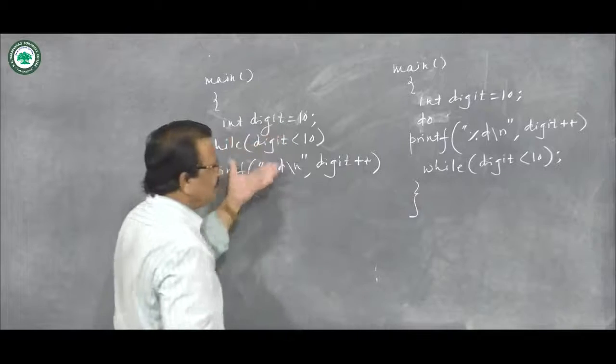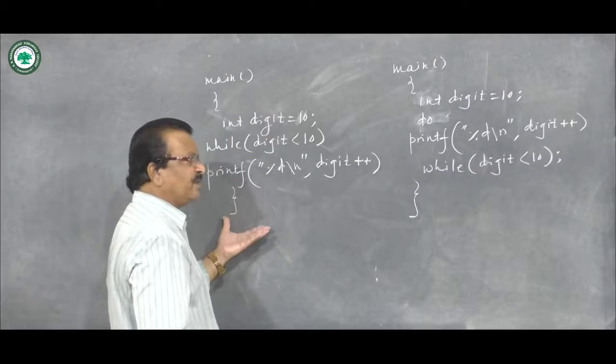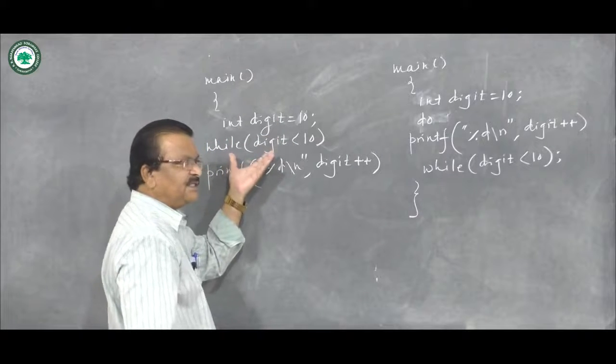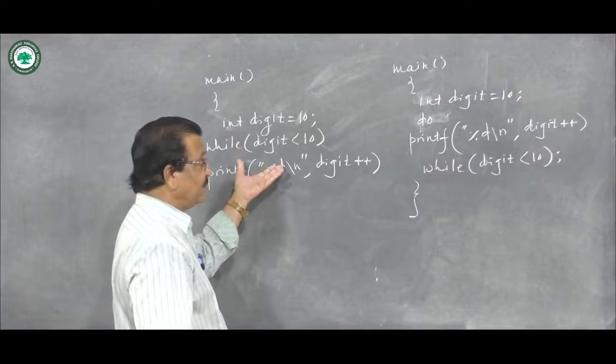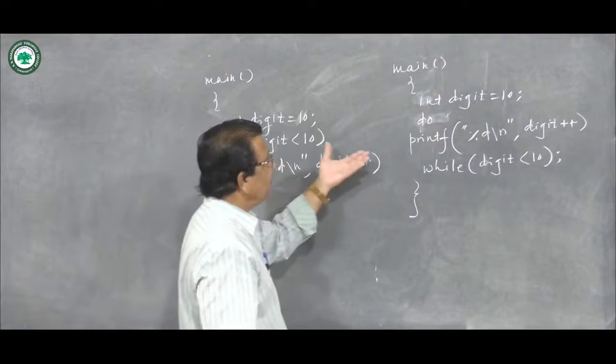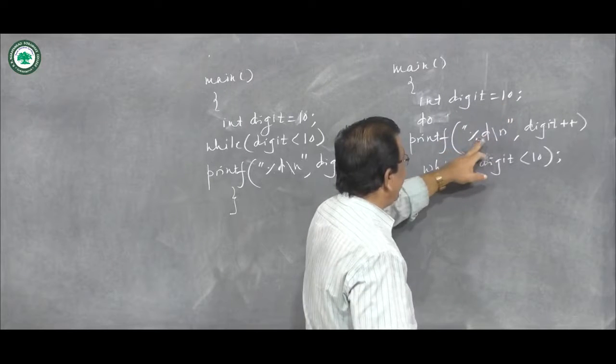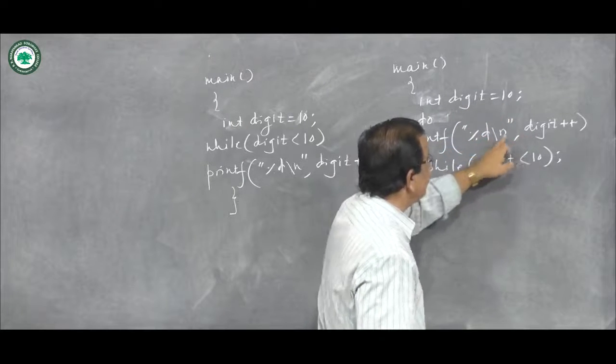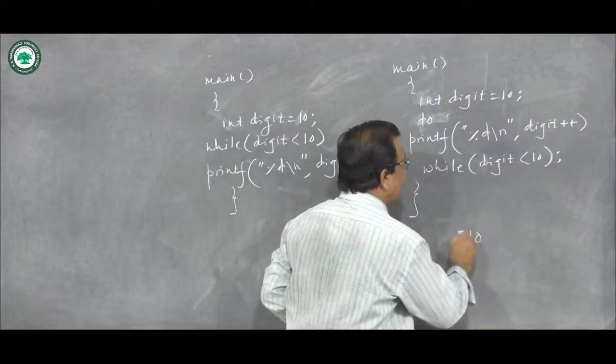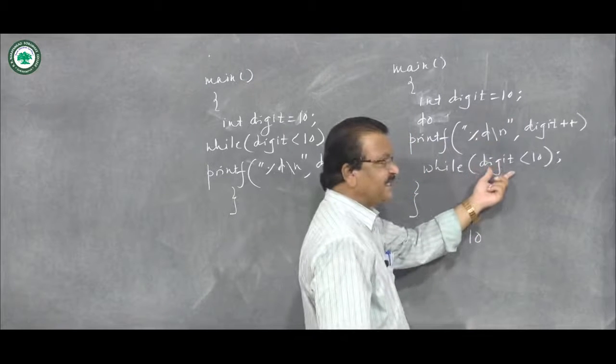The while program segment has no output because the condition is false, which is found at the beginning of the loop. On the other hand, here digit is initialized to 10, and that value 10 is printed by this program, and then the condition is tested.